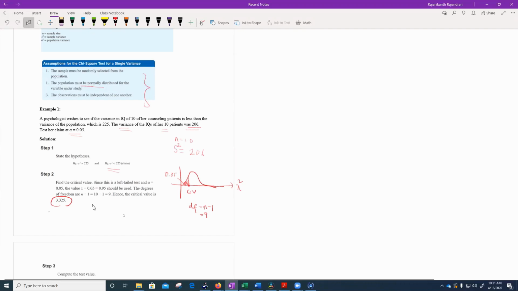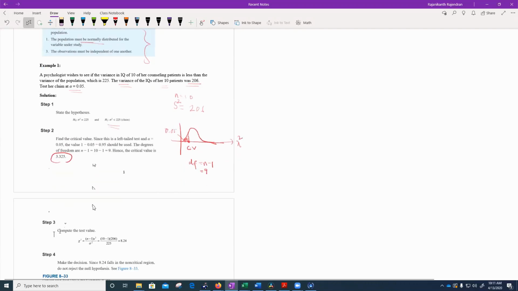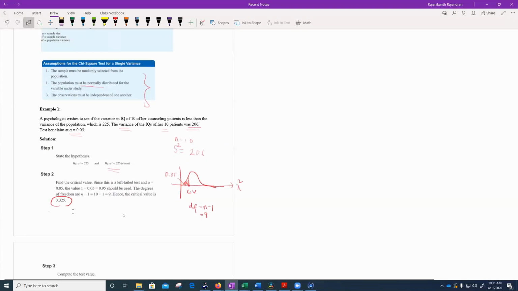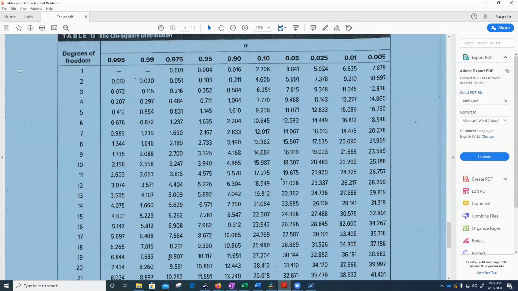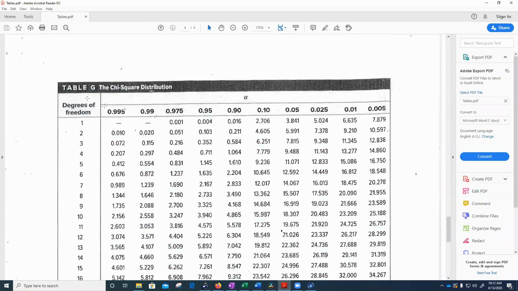How do you find that critical value? Any suggestion? Well, you could just use the chart. Exactly. But you know the area now, right? So you have to look for the chi-square value. Therefore, this is my chi-square distribution, right?